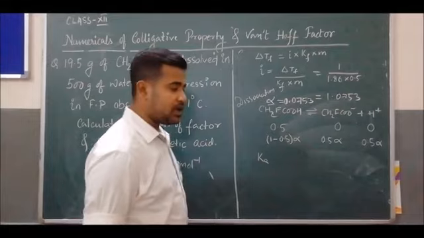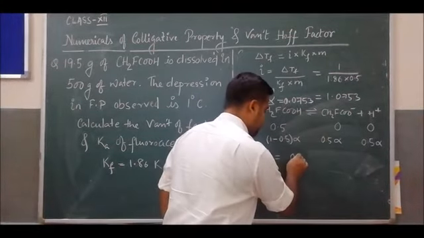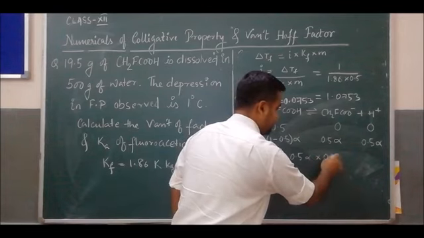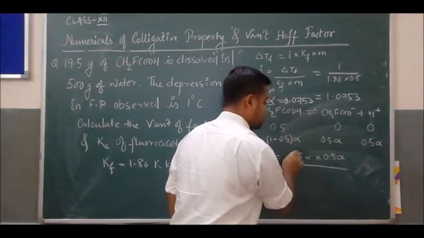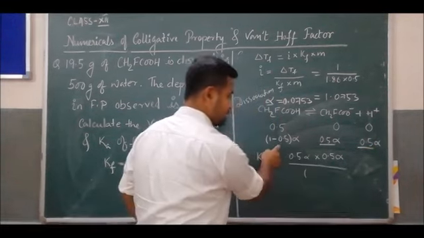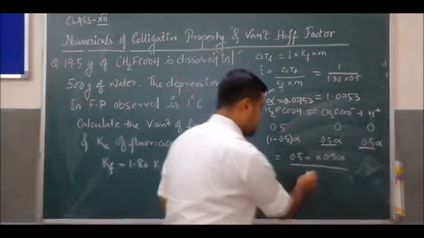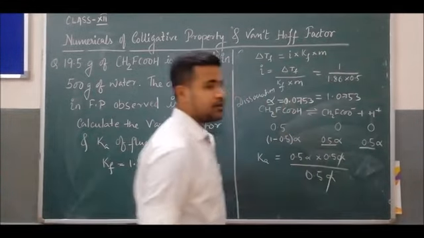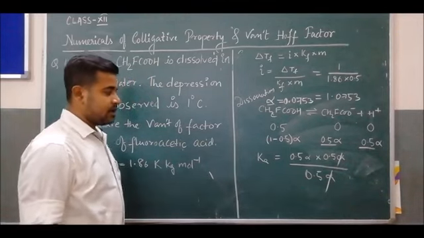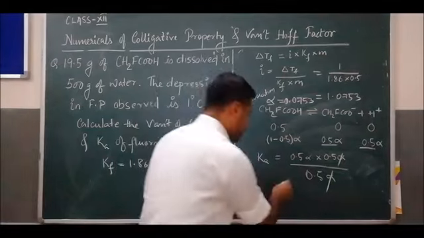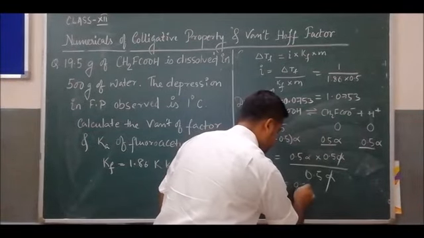So what is Ka? Ka equals 0.5 alpha into 0.5 alpha, that is the concentration of the products, by the concentration of the reactant, that is 0.5 alpha. So alpha will be cancelled out. So 0.5 and 0.5 is 0.25 by 0.5.